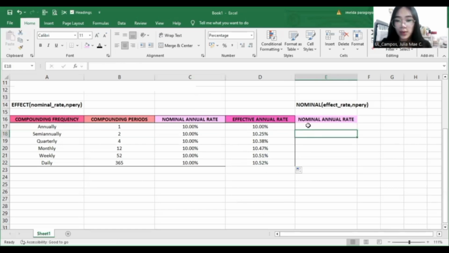So for example, nakuha na natin yung effective annual rate and gusto naman natin yung nominal annual rate. Ang gagamitin natin function is ito, nominal, effect rate and the time period.